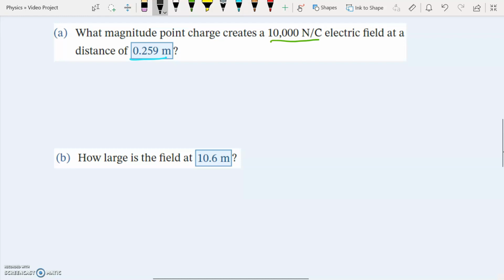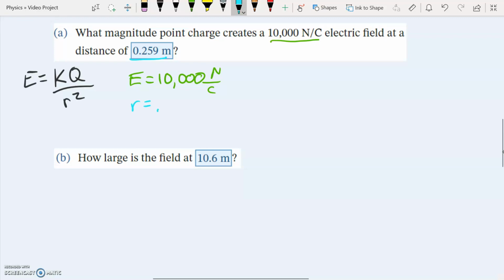Well, first we'll write our equation. E equals KQ over R squared. We know our electric field is 10,000 newtons per coulomb. And our radius is stated in the problem as 0.259 meters. Square that again in our problem.